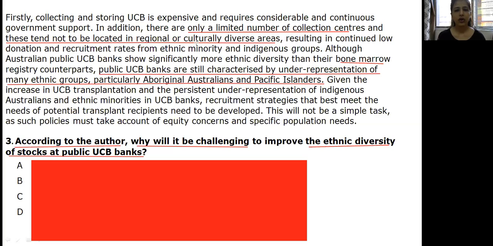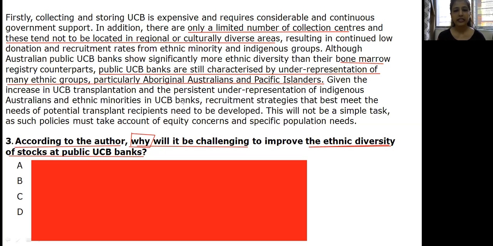So these three sentences tell us that it is very difficult for the public UCB banks to have ethnic diversity. Yes, that is what the question is saying. Now, the question is mainly asking, why is it difficult? So one reason we have got right now is that the collection centers are not enough, or they are not located in the culturally diverse areas.